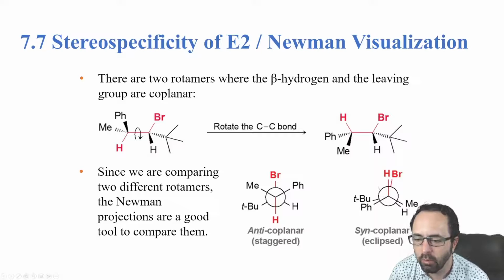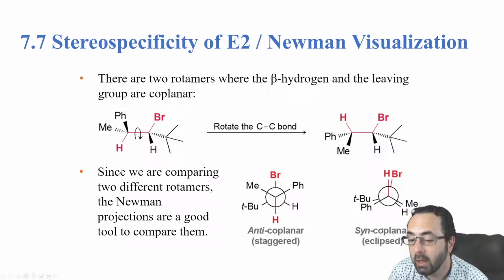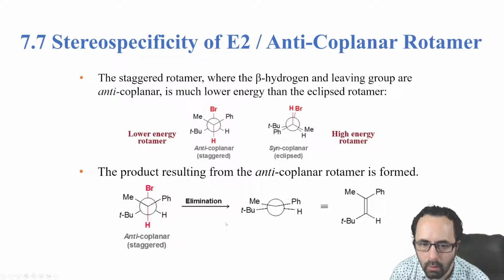We learned in chapter 4 there's a significant energy cost to getting everything in an eclipsed conformation like this. And so at any given time, very few of the molecules will be in this configuration. And so we can expect the vast majority of them to be in the anti type of configuration. So this is the lower energy conformer or rotamer, the one with the anti-coplanar H and Br, and the syn-coplanar is the higher energy rotamer.